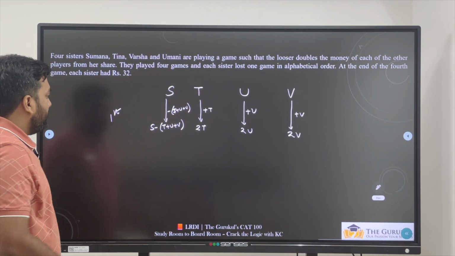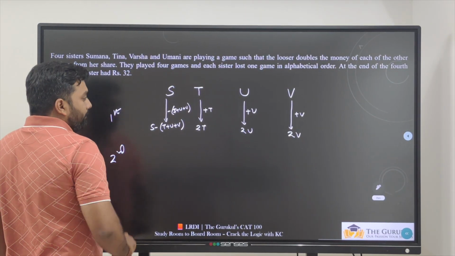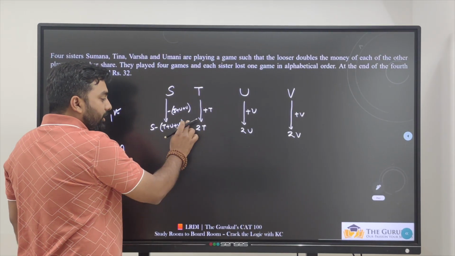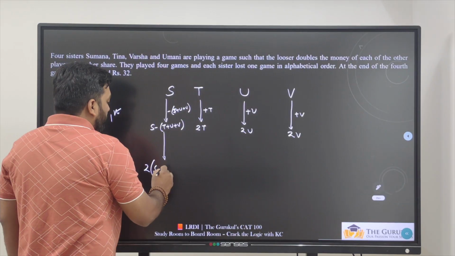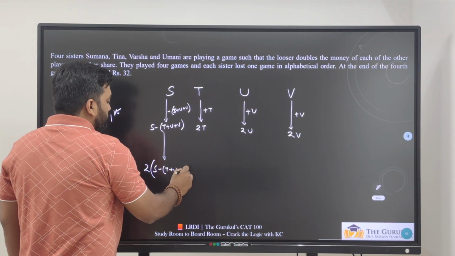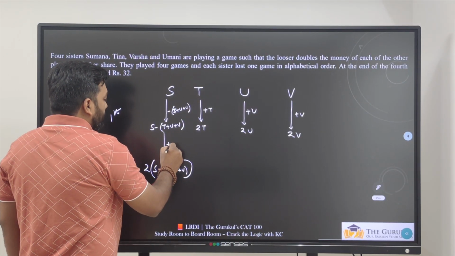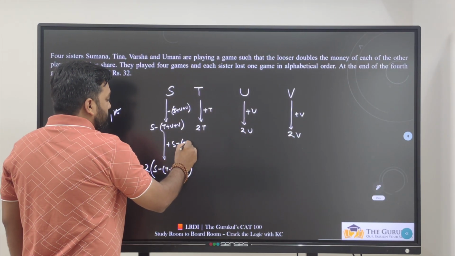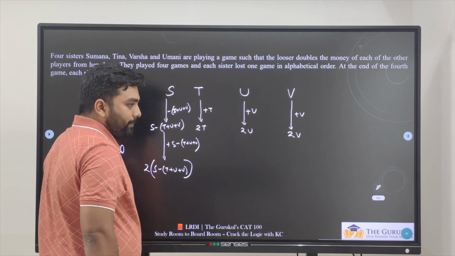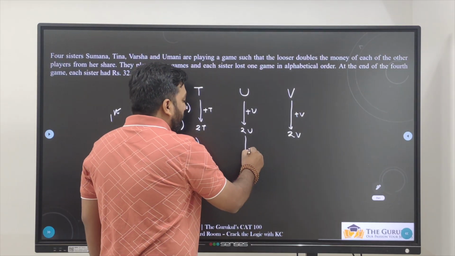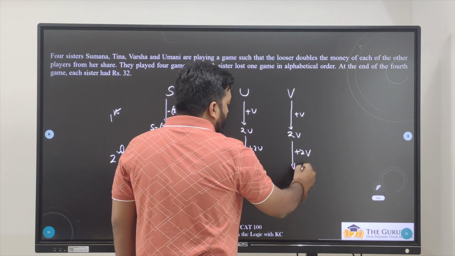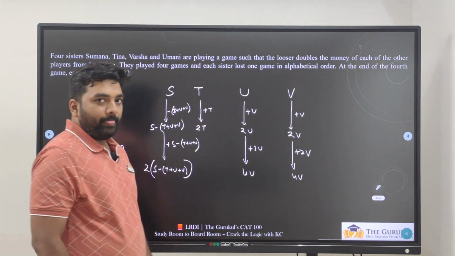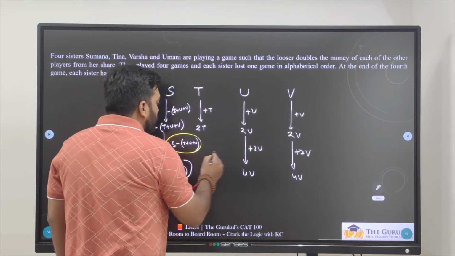This is the first round. Now what will happen in the second round? T will lose the game. If T is losing the game, what will happen? S will become twice of S minus (T plus U plus V), which means there is an extra S minus (T plus U plus V). Similarly, U will become extra 2U, that is 4U. V will become extra 2V, so 4V. Now how are these extra values coming?